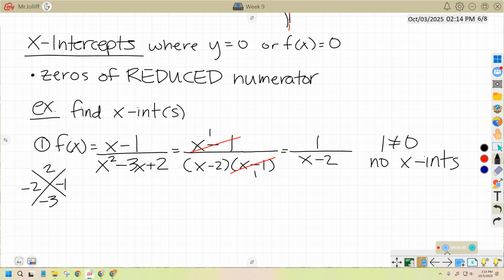Deeper question for you. Why does that make sense in terms of that function? Where does that guy have a horizontal asymptote?